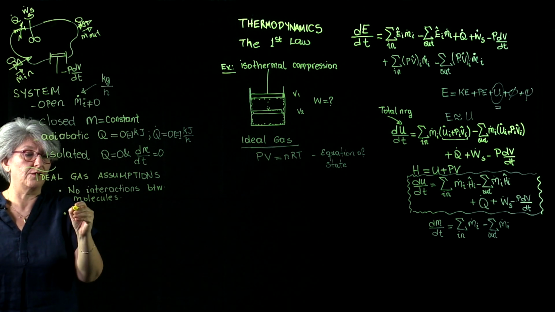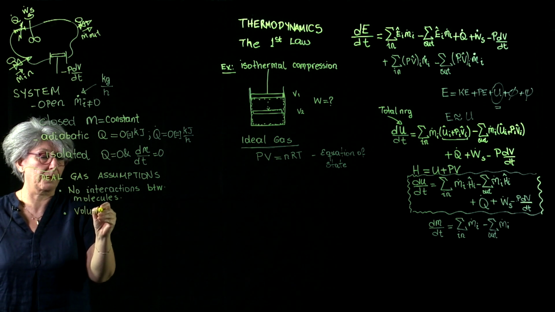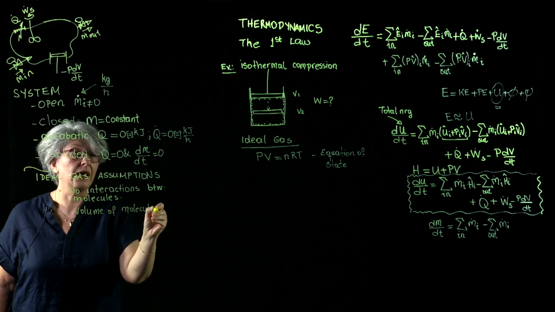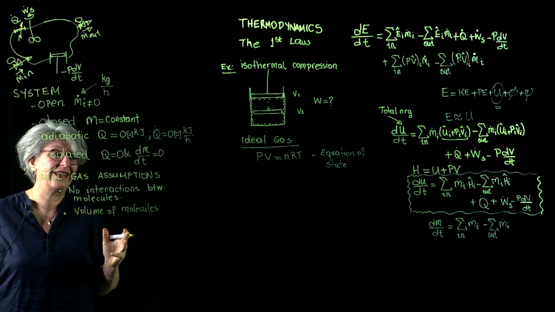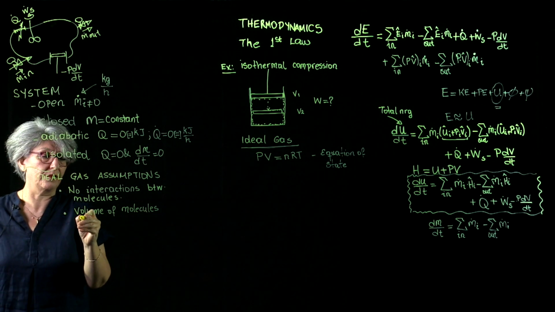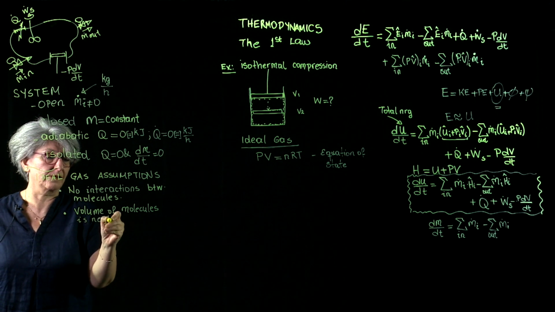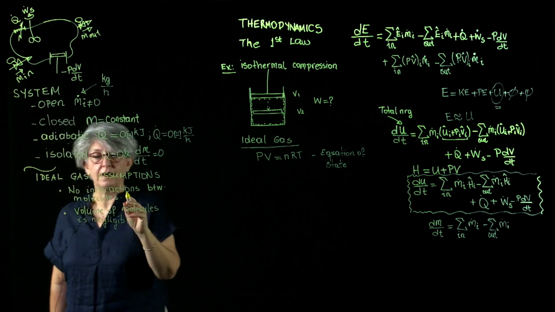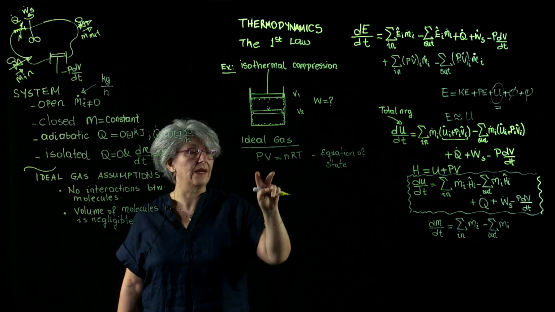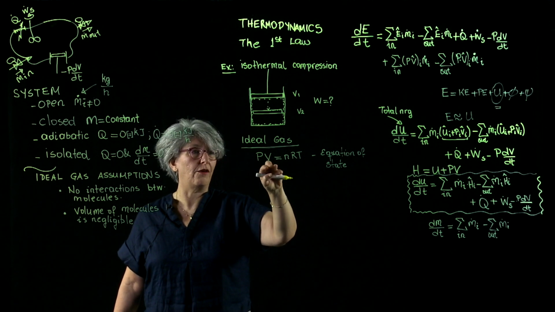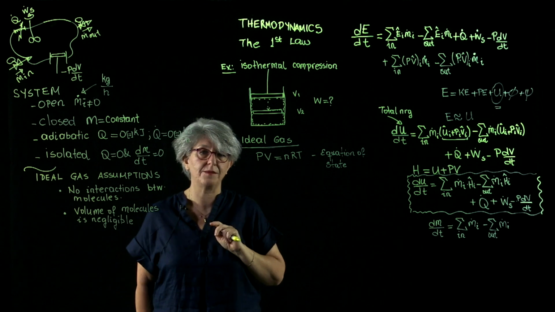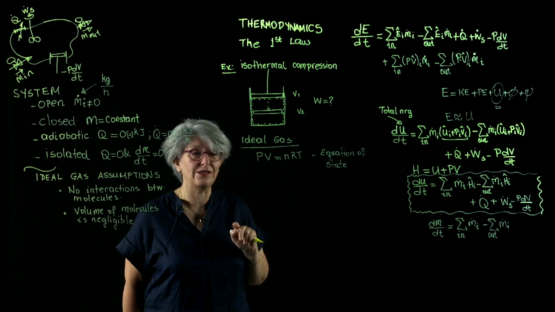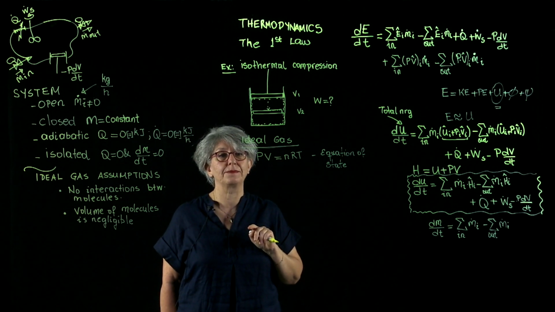And also, the volume of the molecules in comparison to the total volume that the gas occupies is negligible. With that, we obtain a relationship of P times V is equal to N times R times T. And at the end of this example, I will also show you how this relationship is originally obtained.